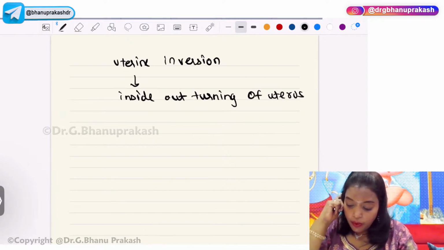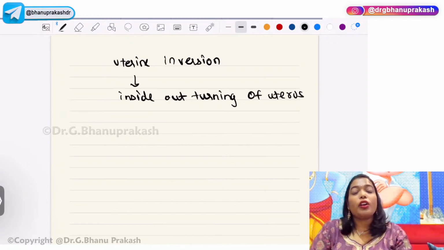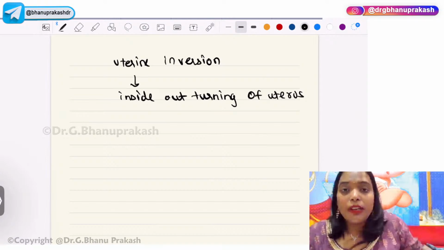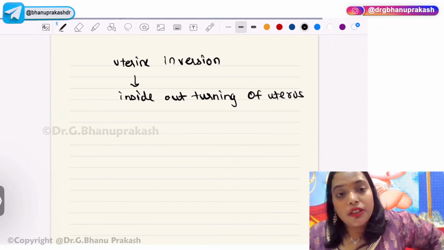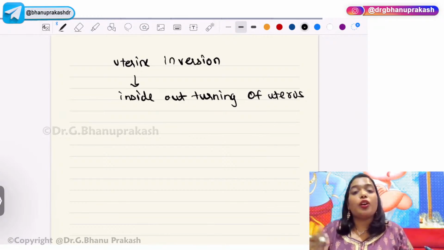Now, what is the treatment of uterine inversion? In uterine inversion there will be shock due to two reasons. One, it is due to the uterus coming out. There will be vagal nerve stimulation, so there will be vagal shock, and there is also bleeding. So there is hemorrhagic shock plus vagal shock.